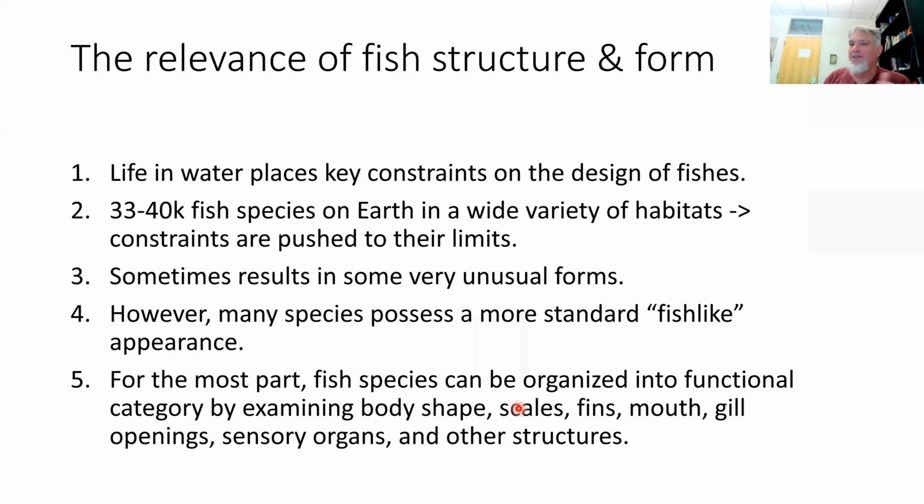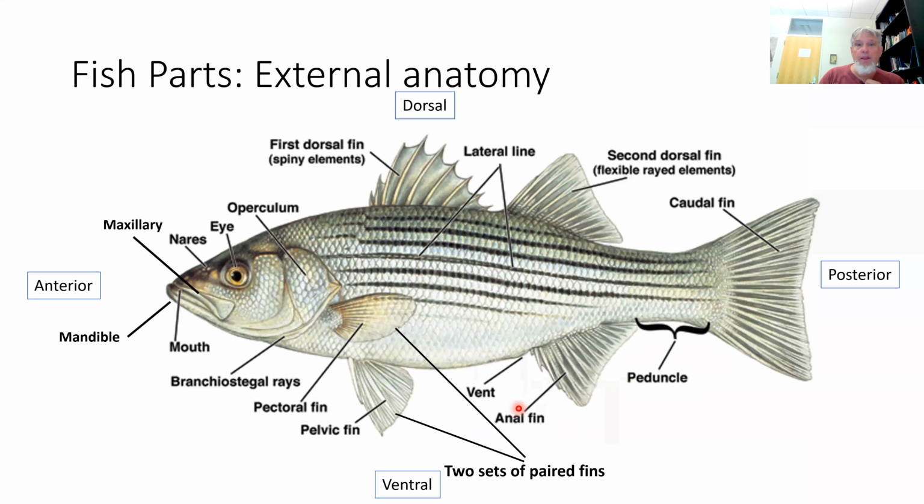We're going to focus on the standard body design of a fish and then examine some of the divergences that occur from that. For the most part, fishes can be organized into functional categories by looking at body shape, scales, fins, mouth, as well as gill openings and sensory organs and other structures. We'll try to whip through this in the next couple of days.